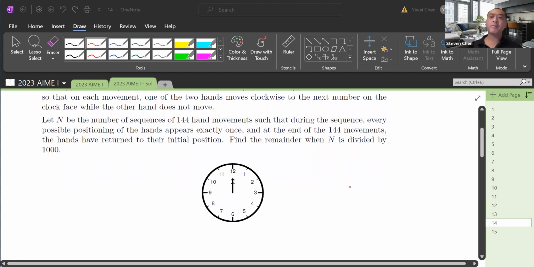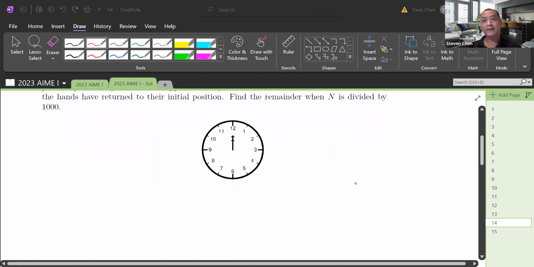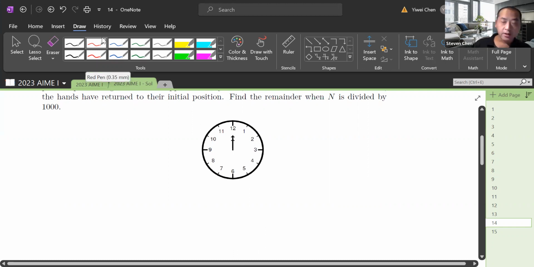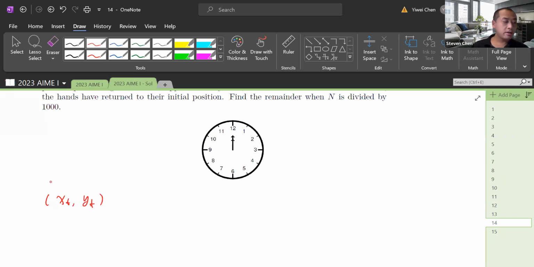Although this problem is in the context of an analog clock, first we have to convert it into a pure mathematical problem. So we may do the formulation in such a way. Let me use the notation x sub t and y sub t to denote the number of total movements of each hand after the t minus 1 total movements.